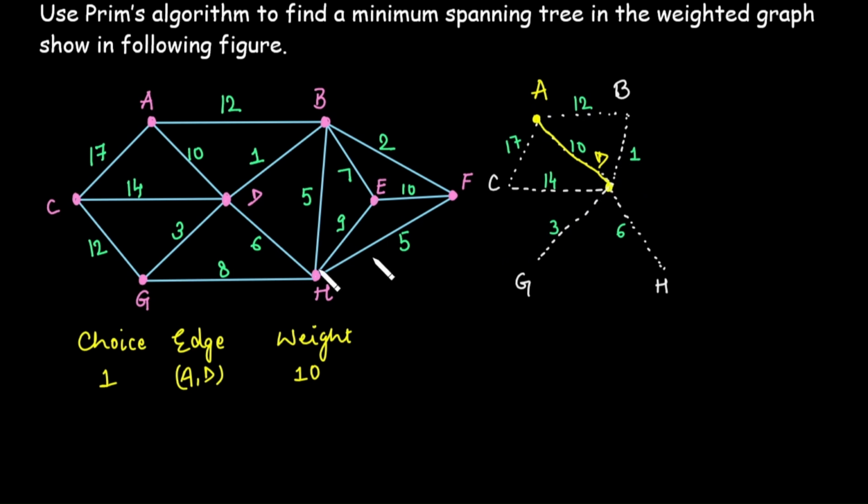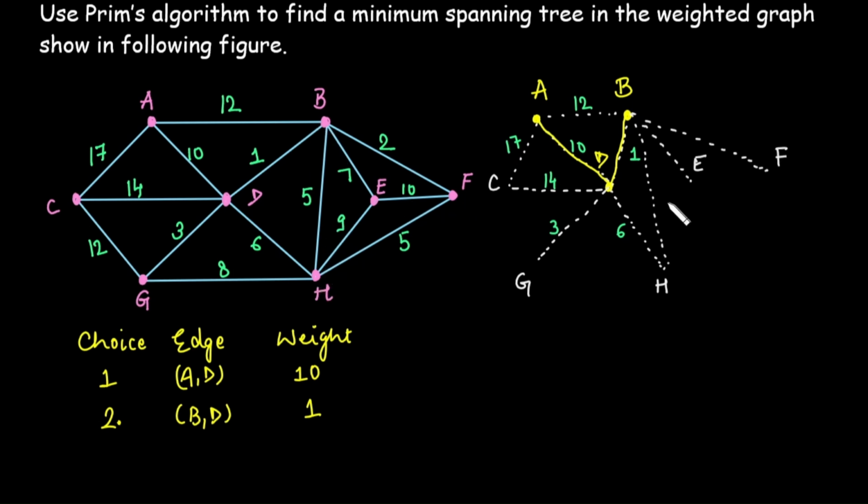So it means our next choice in this case is the edge B to D with the weight 1. So the next vertex we have taken in our tree is B. Now B is connected with the vertices H, E and F with the weights 5, 7, 2.